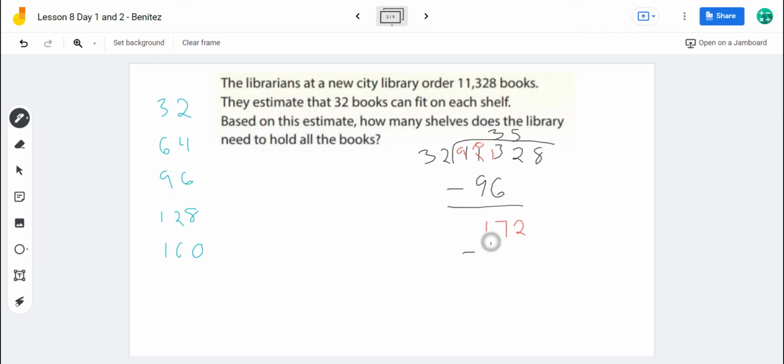And that's 160. 2 minus 0 is 2. 7 minus 6 is 1. Bring down the 8. How many times does 32 go into 128? That's a perfect multiple. It goes into 128 exactly 4 times.